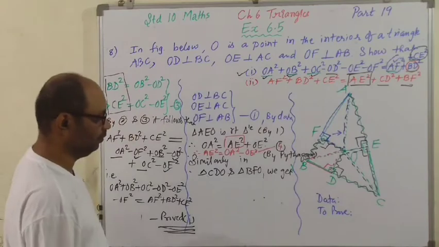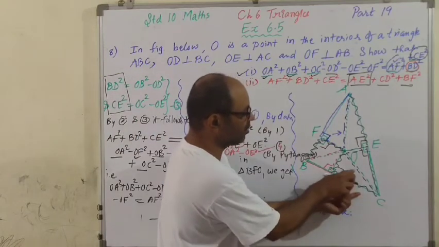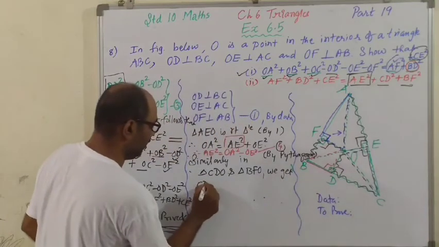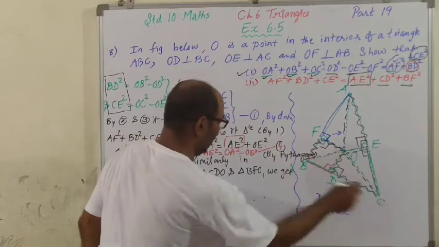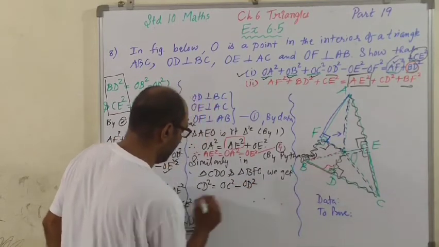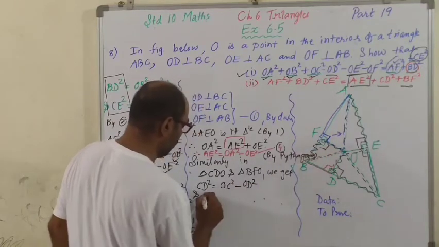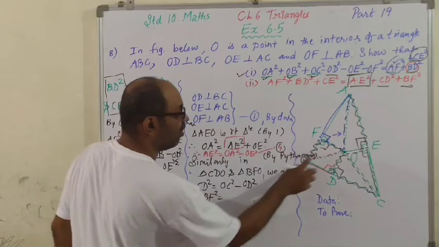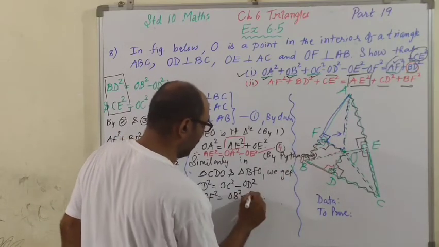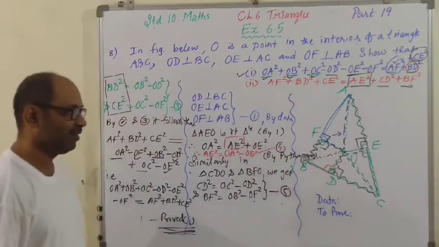अब उसी तरह CD, ये राइट एंगल ट्राइंगल है. CD square will be hypotenuse square minus square of the remaining two sides. So CD square hypotenuse OC square minus remaining side OD square. And ये ट्राइंगल में BFO में BF square is equal to hypotenuse square, that is OB square minus the remaining side OF square. And this combiningly I am going to call it 5.